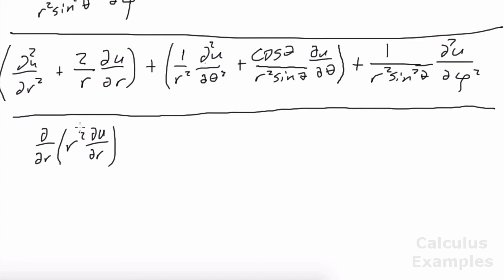Now that gives us 2r partial of u with respect to r, which is not quite what we have here. So to get to there, we need to divide by r squared. So instead of 2r, we get 2 over r partial of u with respect to r. Right, and the next term we'll have the r squared and then the second partial. So that r squared will cancel, so it'll give us this term. So just do it, see that it works.